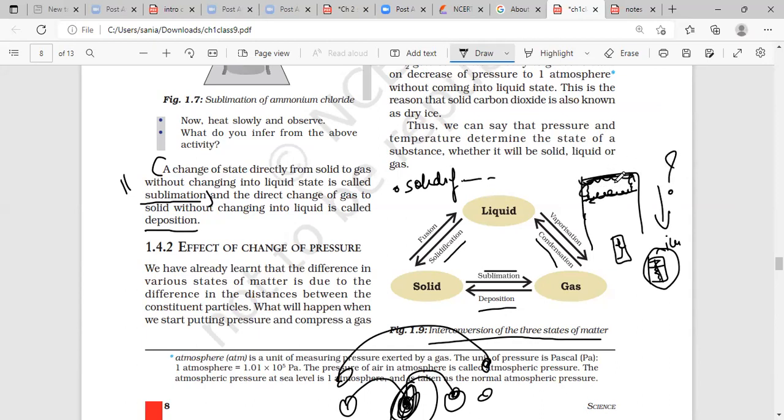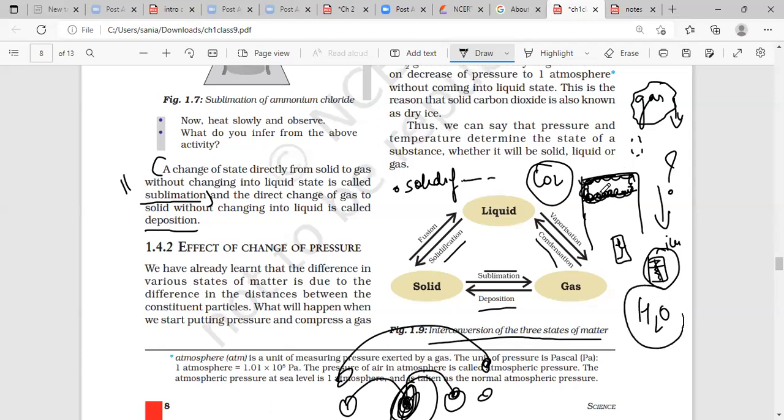This is basically the gaseous ice. When you cool down the gas at high temperature to low temperature, it converts into solid. This ice is made up of CO2, and the other ice is made up of H2O, water. Clear? Yes, ma'am. So this is known as dry ice.